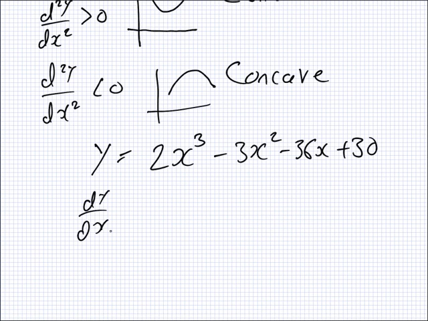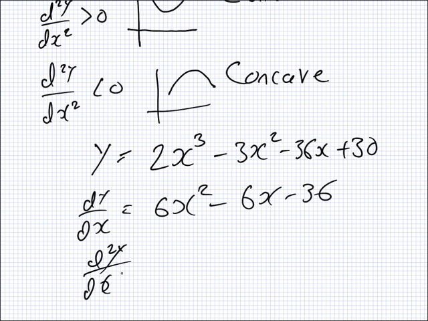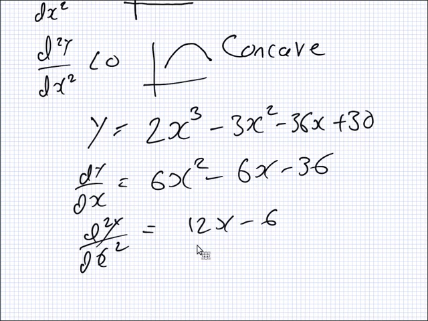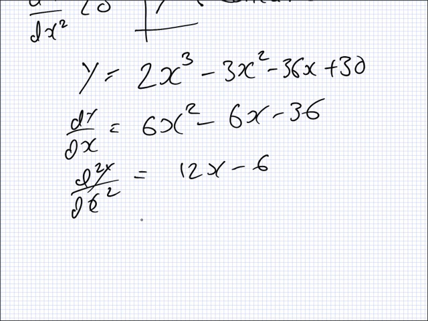The first derivative was 6x squared minus 6x minus 36. And then the second derivative will be 12x minus 6. Now, what were the two values for x? 3, and what was the y value?